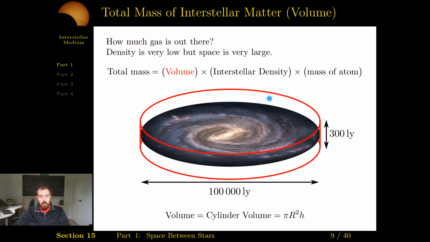So if we treat this as our cylinder, there's our radius, and here's our height. The volume of the cylinder is just pi r squared, the area of this disk, times the height, or the 300 light years.